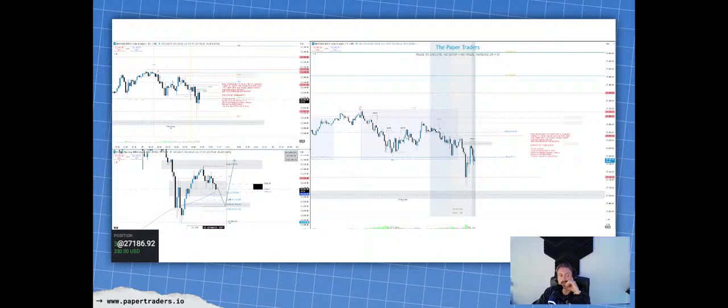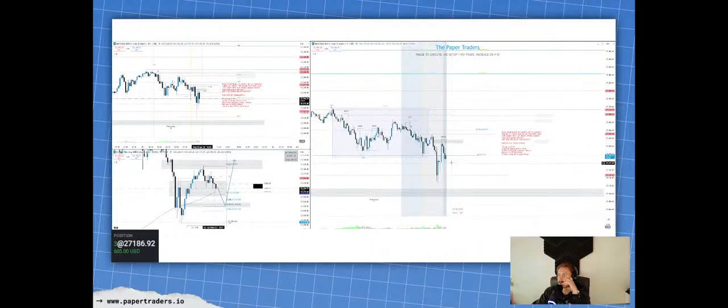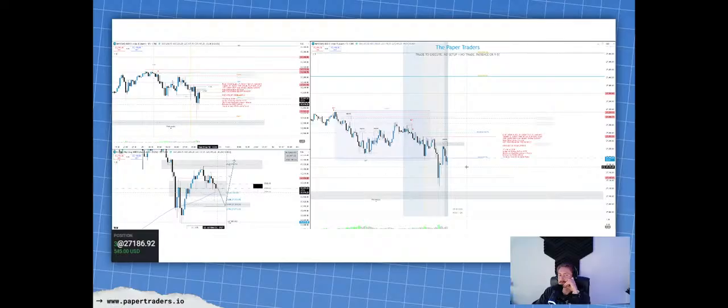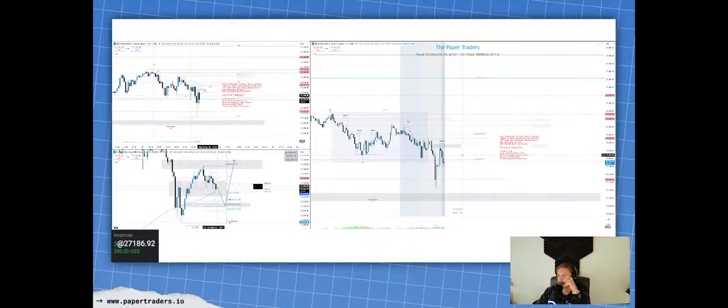We'll take one off at 27,199, 27,199. Where's this inverse fair value go? Well, realistically, this 5 minute, if we can get back above daily open, this 5 minute could give us a rising 3 there, if that's what they would like to do. So far, they're rejecting this, as you can see.